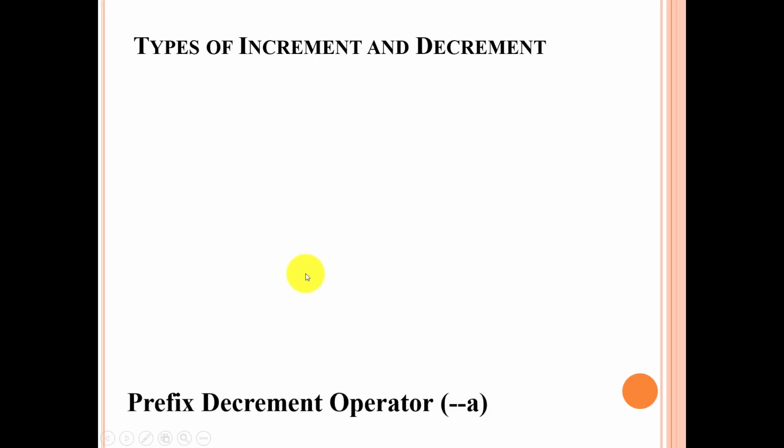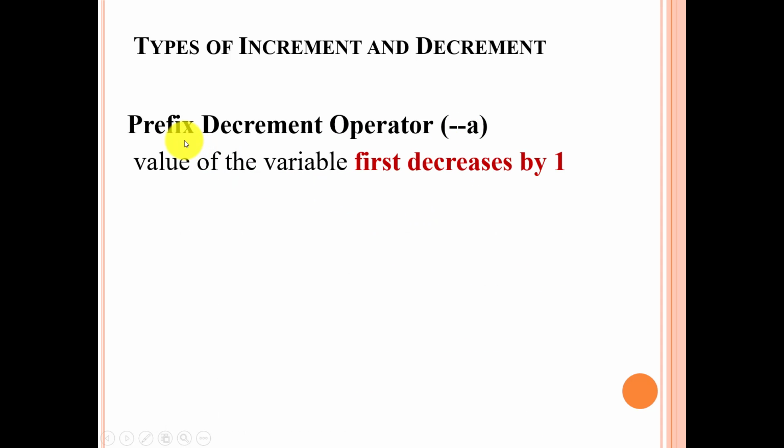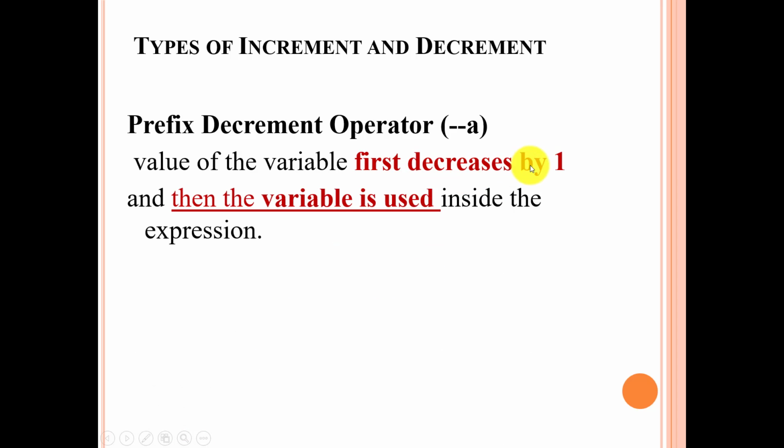Now similarly, the prefix decrement operator is minus minus before the operand, minus minus a. In prefix, the value is first decreased by 1 and then the variable is used inside the expression. Let's consider the example minus minus a.